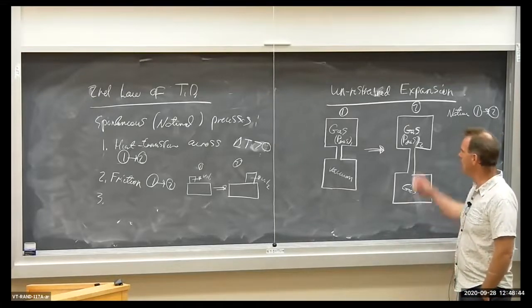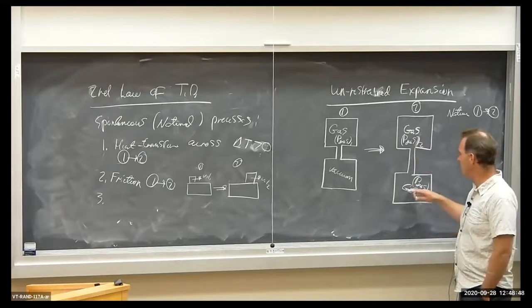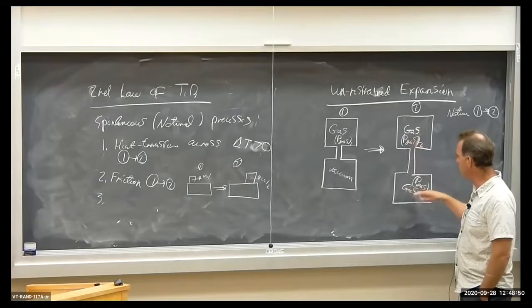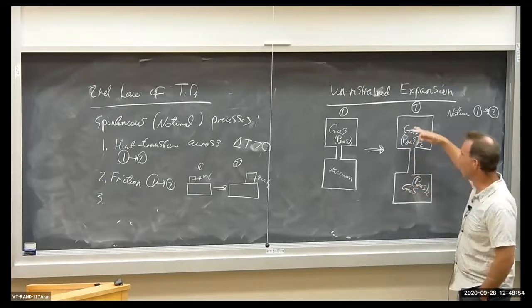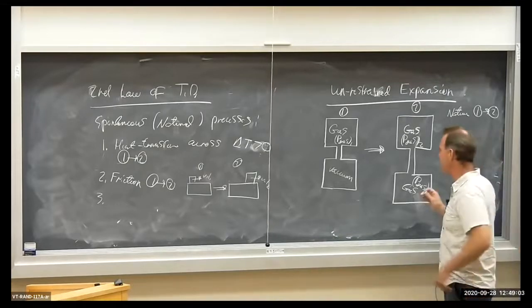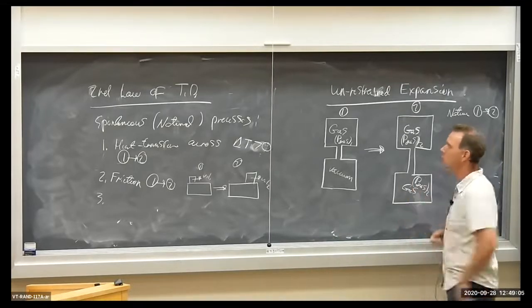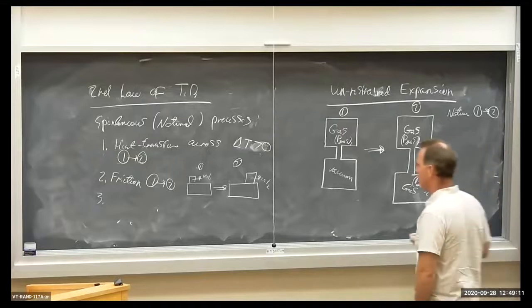We never see a material, let's stick with a gas this time, distributed evenly throughout some kind of space, all of a sudden magically rush to one side of the container or fill a sub-area of the container. We never see a gas spontaneously move to form a vacuum. Okay, we always see gas expand into a vacuum.